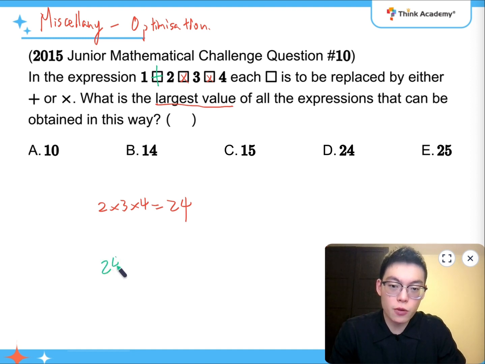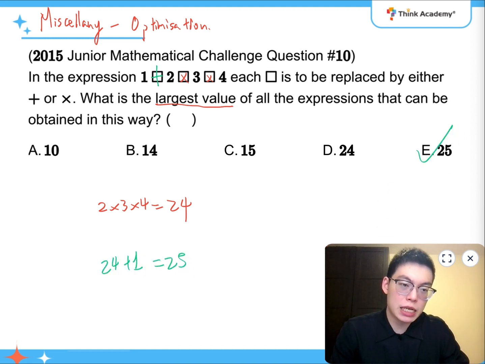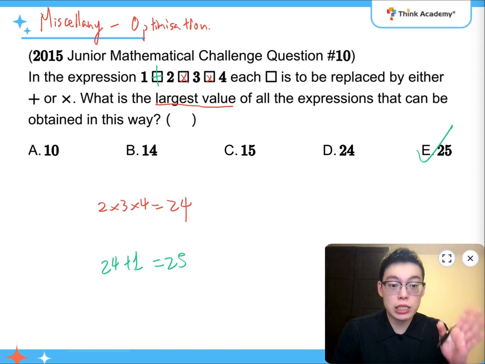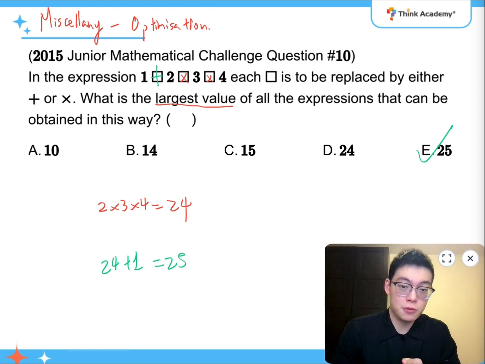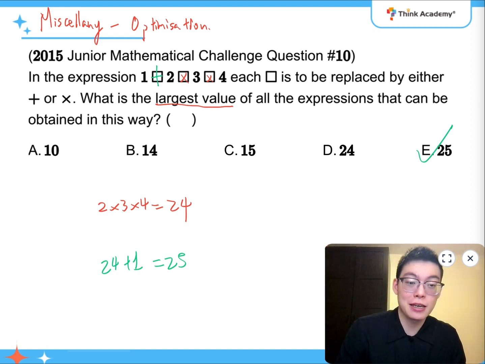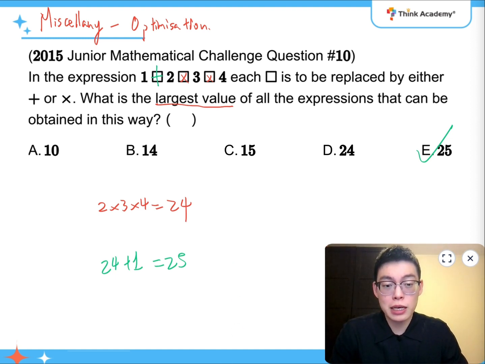So 24 adding 1, that's 25. And you can see that that's the maximum option among all the 5, which means that as long as you get the maximum option correctly, you don't need to try any other ways, because that's definitely going to be the largest. So that's one good thing about the multiple choice questions.